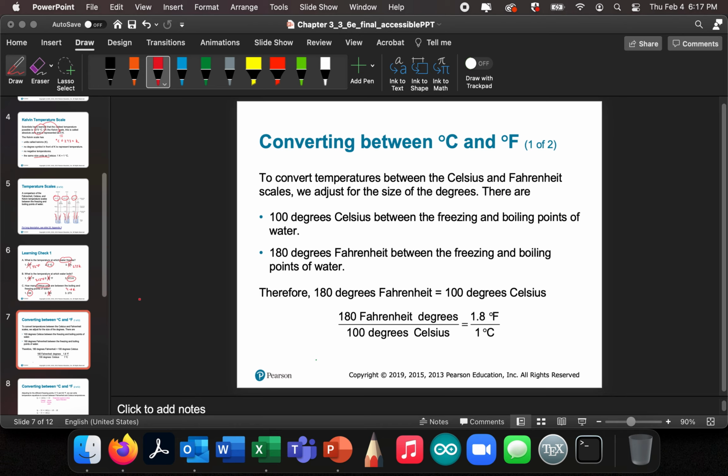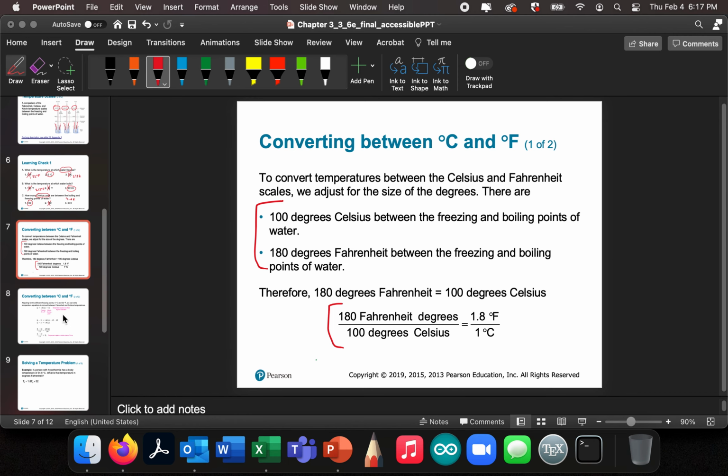Okay, so let's do a conversion now. To convert between Celsius and Fahrenheit, we first should appreciate that there's 100 degrees difference between freezing and boiling with Celsius, but it's 180 between them. So this is a decent ratio to say that there's 1.8 degrees Fahrenheit for every degree Celsius, because it takes that many more to get from boiling to freezing, right?